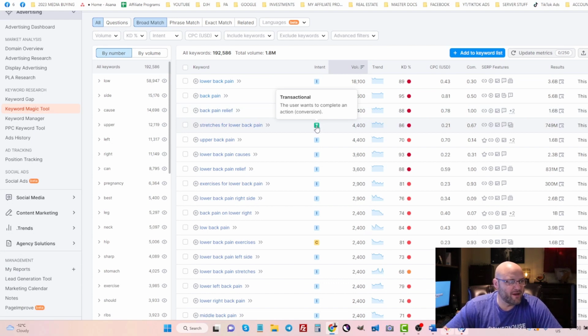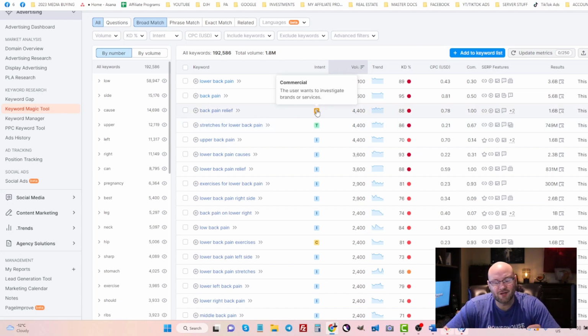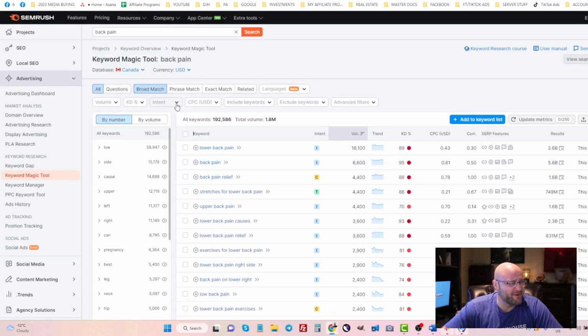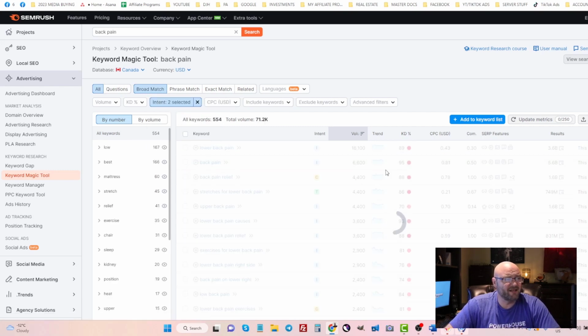These are people who are looking to convert, and people who want to investigate certain top brands or products. So I typically aim for both of these types of intent, commercial and transactional. What you can actually do with this tool is filter the commercial and transactional searches so that you can have a better list of keywords that you should potentially aim for.